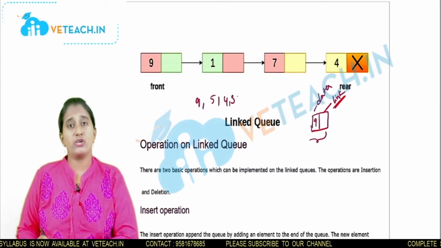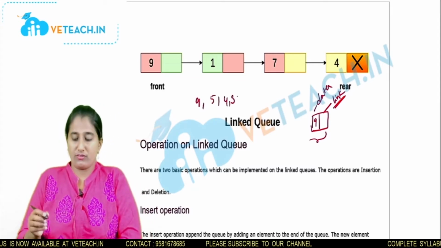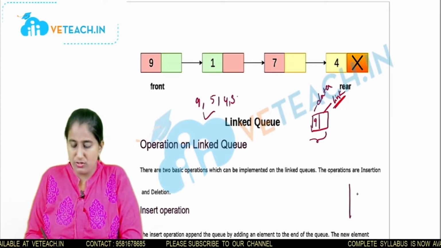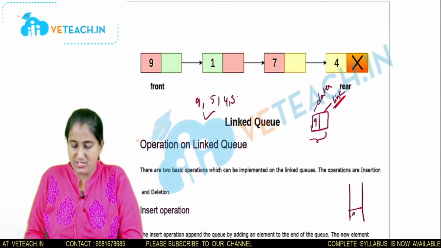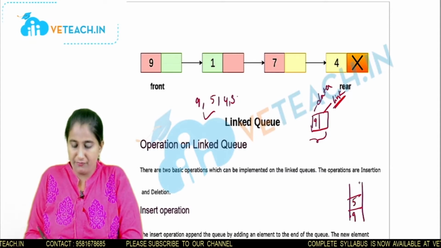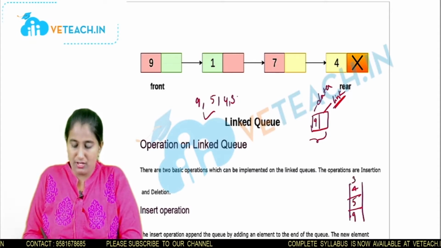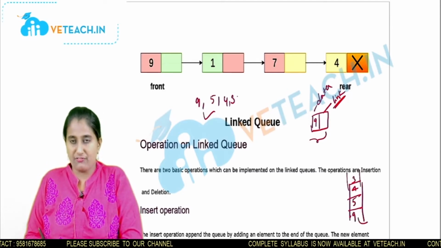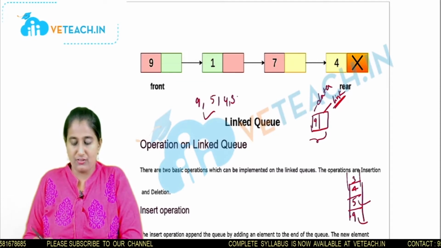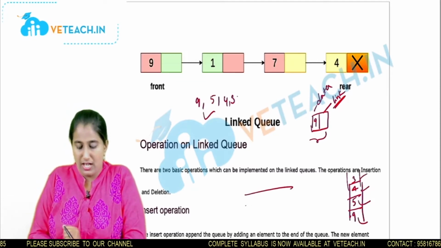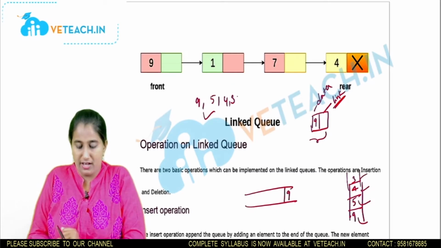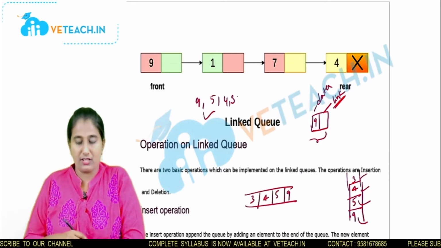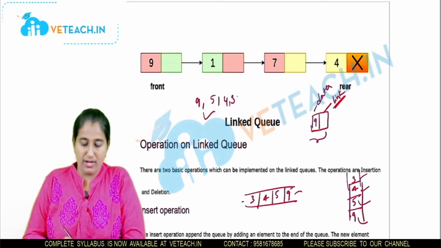According to queues, how will these elements be inserted? The elements will be inserted in this form: 9, 5, 4 and 3. The first element will be in the first location, the next will be 5, 4 and 3. So these are the two ends.